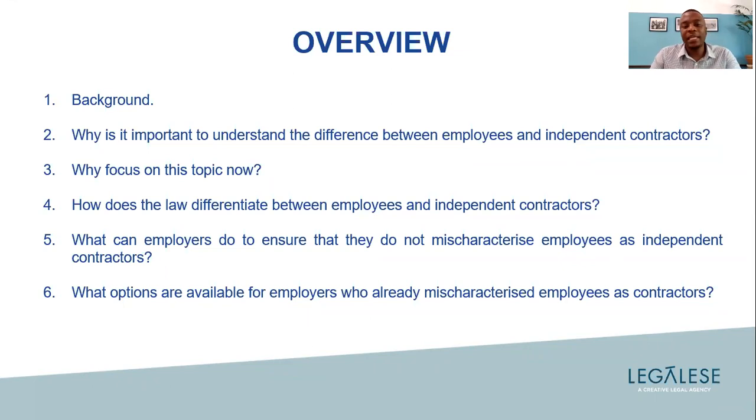Moving on, we're also going to look at what employers can do to ensure that they do not mischaracterize employees as independent contractors. Lastly, we will look at the options available for employers who might have already mischaracterized employment contracts as independent contracts.